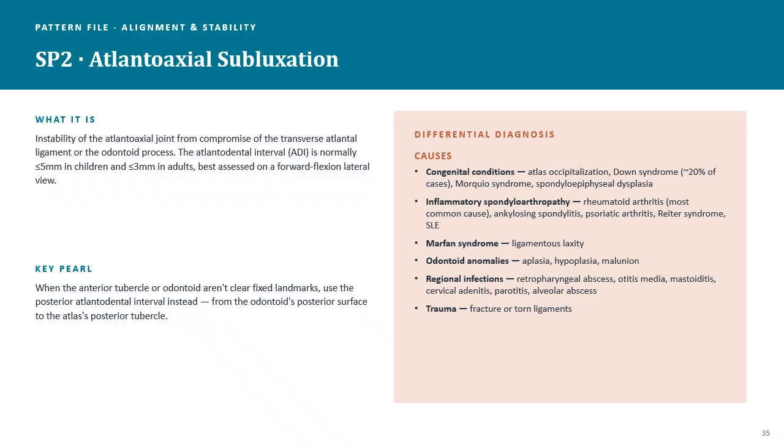One of the reasons why this might happen is that the structures that normally hold C1 and C2 together, especially the transverse ligament and also the odontoid, can be abnormal in some way. They can be weakened or damaged, causing that instability.